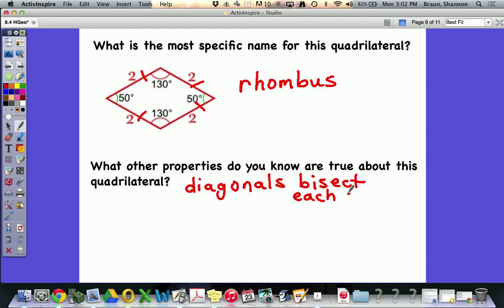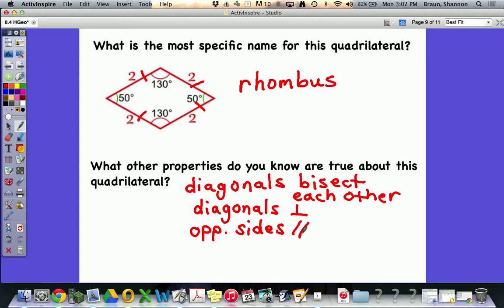The diagonals are perpendicular. Opposite sides are parallel. Okay, and then within the angles being given to us, we already have that the consecutive angles are supplementary.